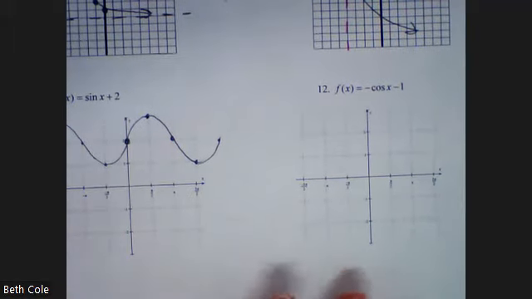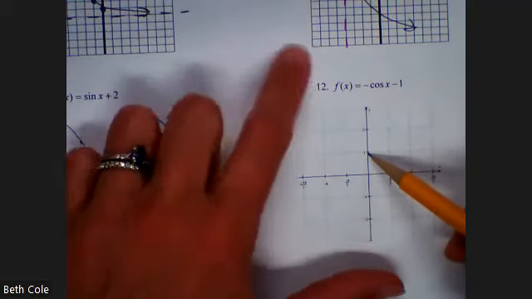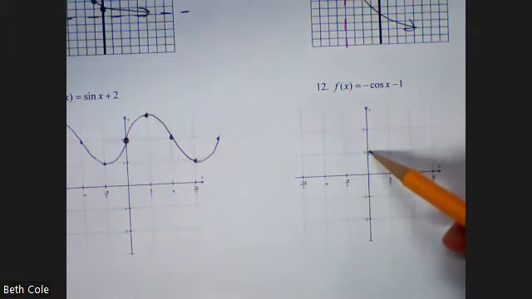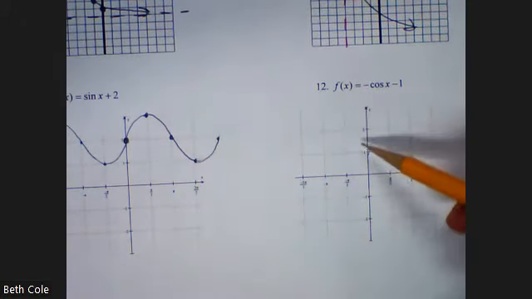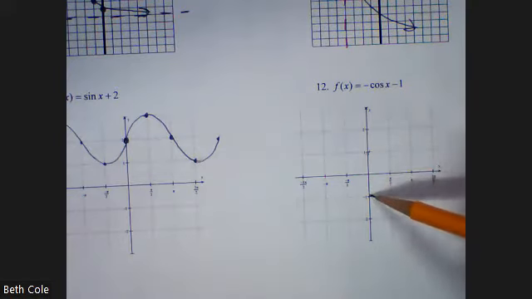All right, and then cosine. Where did cosine start? At 0, 1. Now this one got reflected. Just watch me point to this. It got reflected over x. So instead of starting here, it's going to be down here now. And then it also went down 1. Let me point to it again. It usually started here. We reflected it down to here.